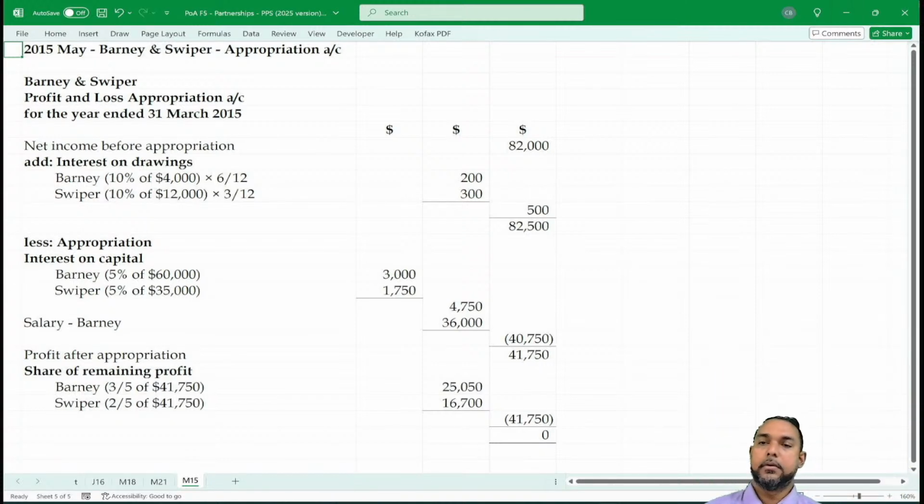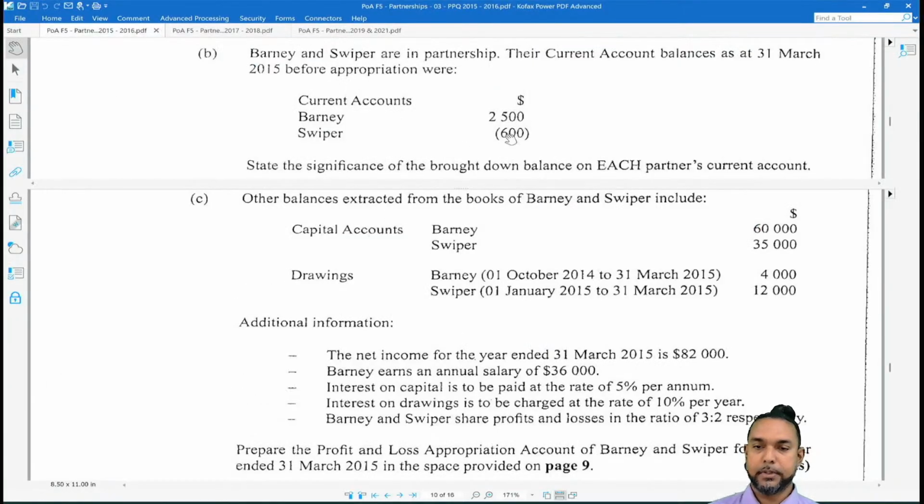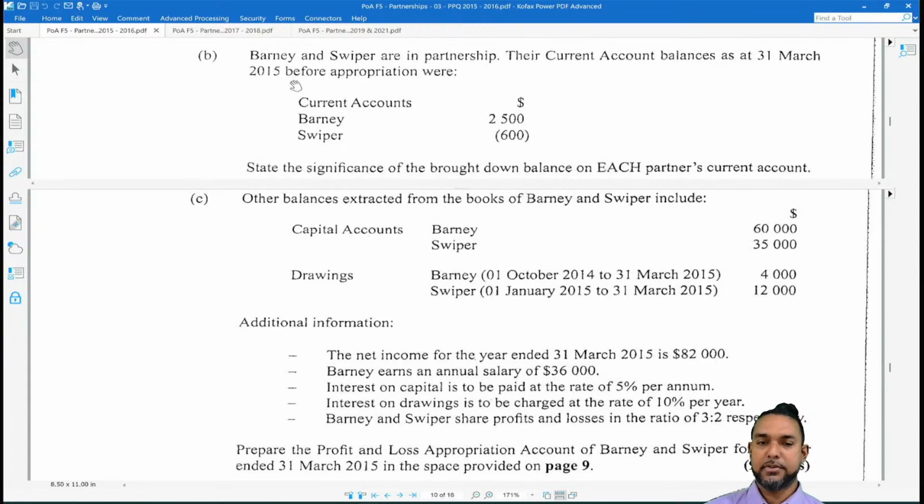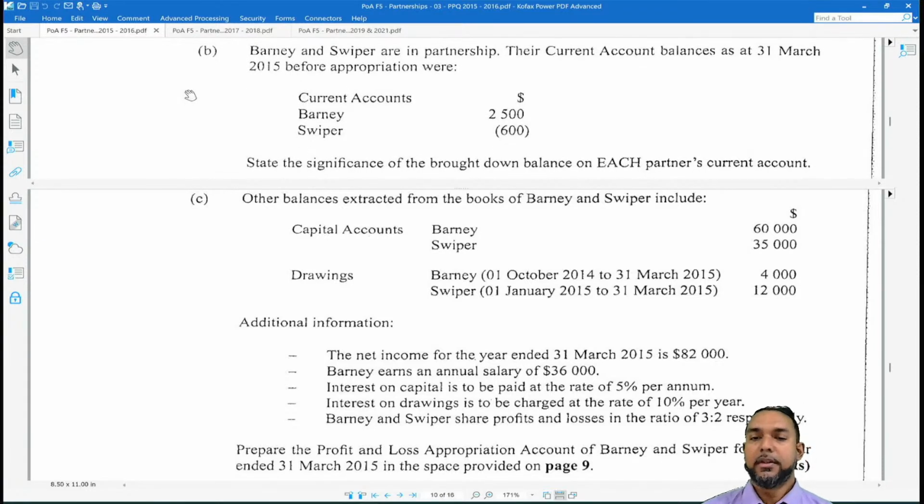Right. So we'll bypass part A. It says Barney and Swiper in partnership. Their current account balances at 31st March 2015 before appropriation.